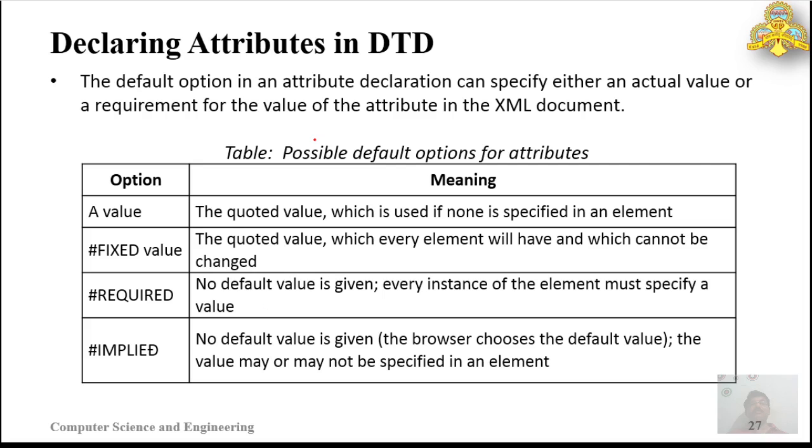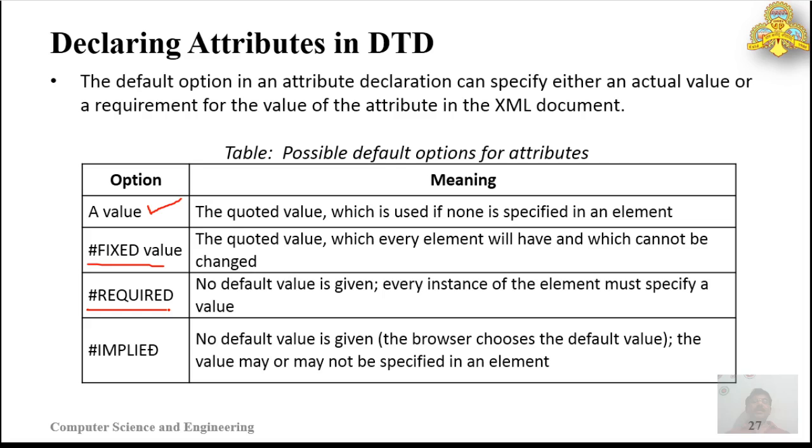Now examples for the default options. If the default option is just a quoted value, then it is used if nothing is specified within the element. If I use a fixed value, then it is always the same value and cannot be changed in the XML file.